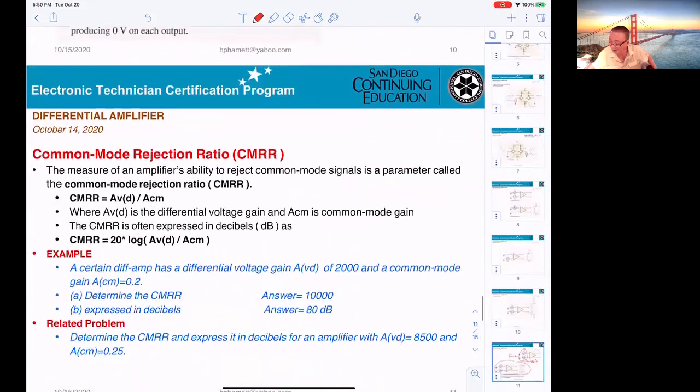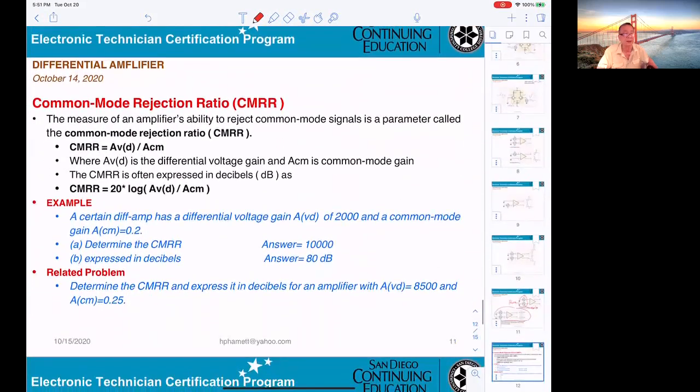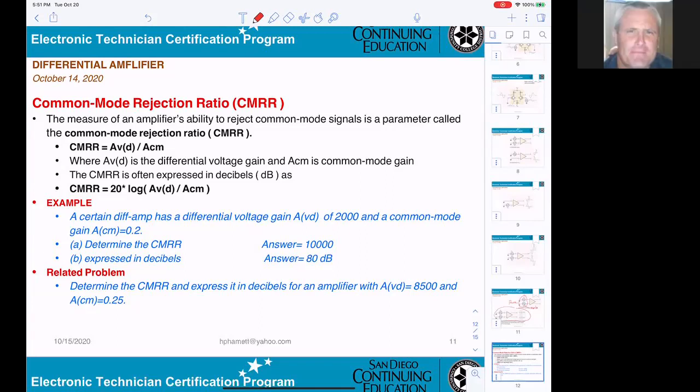So that's why they came up with what they call the common mode rejection ratio, CMRR.